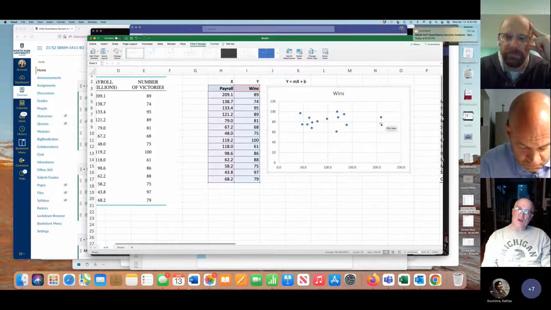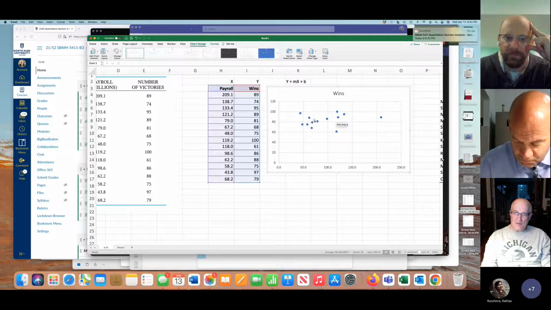Now, I want to fit the best line to this. If I was to just look at it, I think I could fit a line, like I eyeball it right through there. That would be the best, with half the points above it and half the points below it.